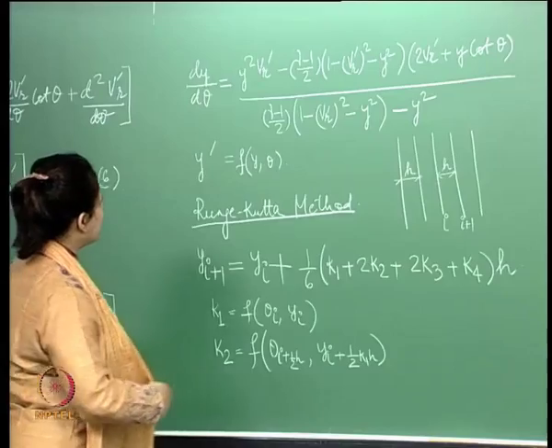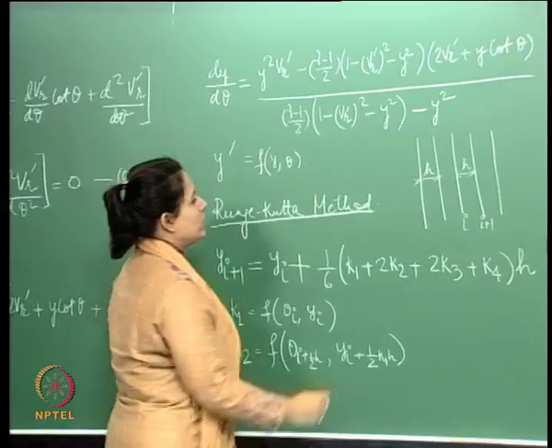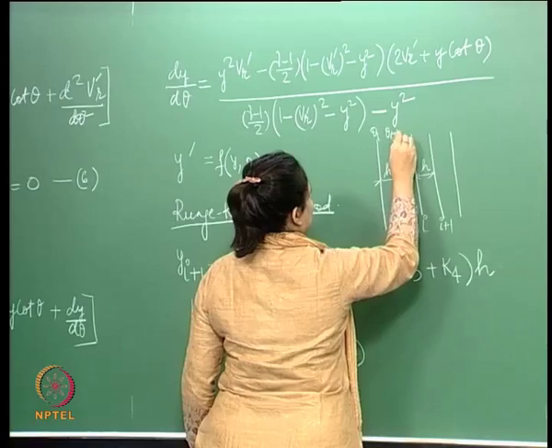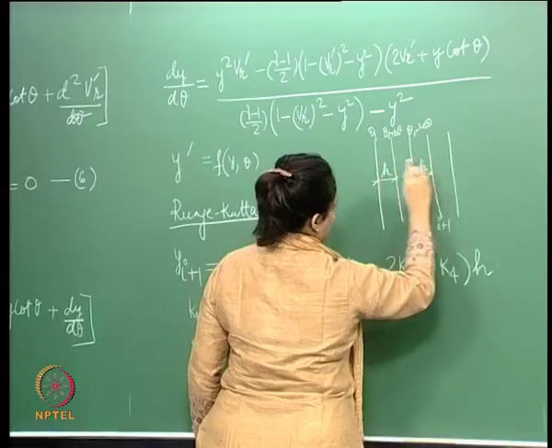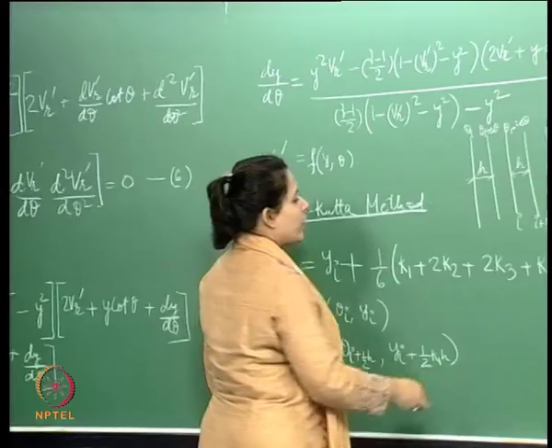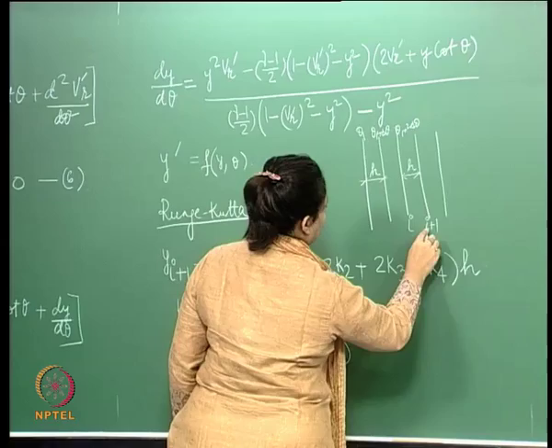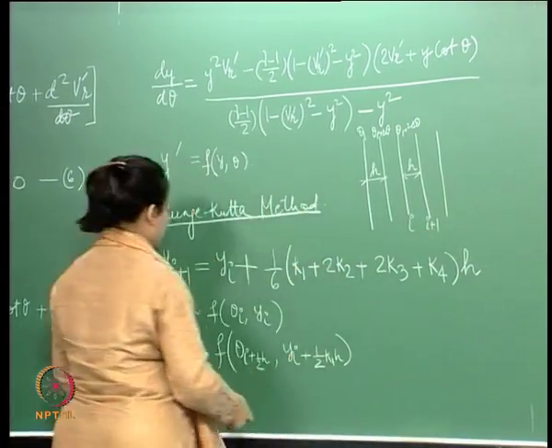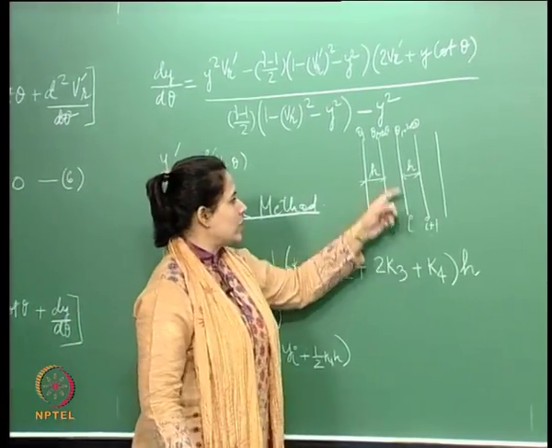In this case, as you can see, we are differentiating over theta. So h means theta 1, then theta 1 plus delta theta, theta 1 plus 2 delta theta, and so on. When I am calculating the value of my function at i plus 1, k1 is the function at the location i.